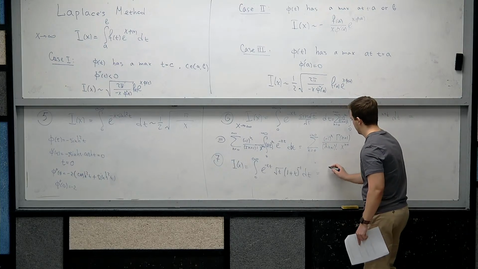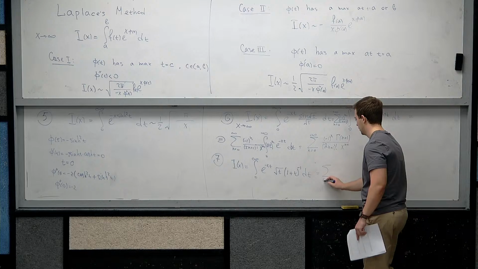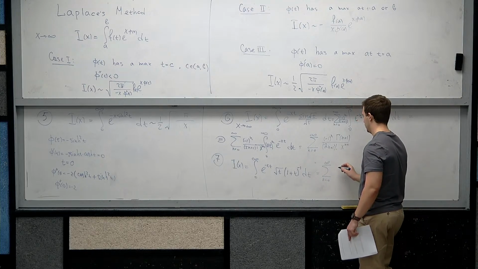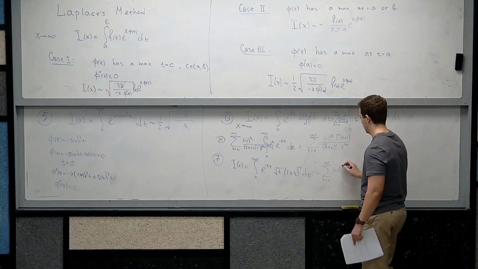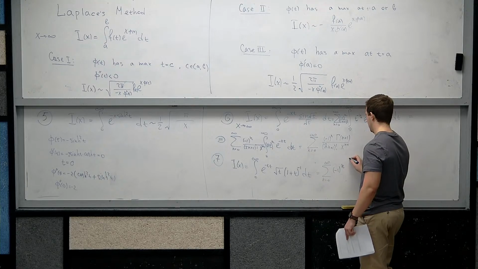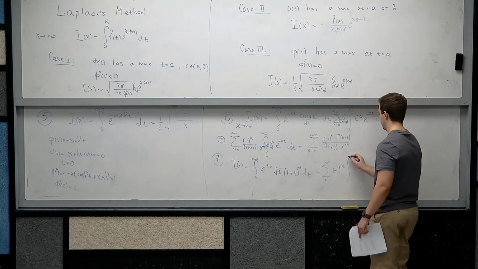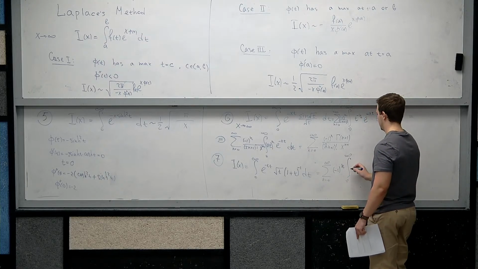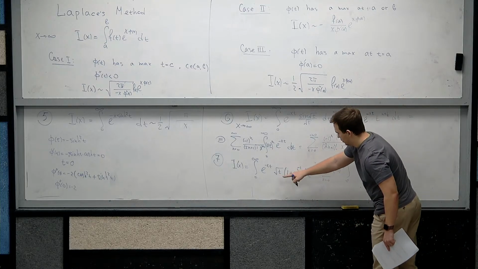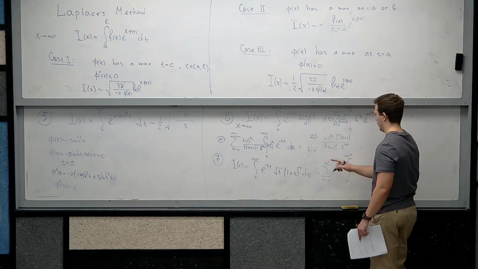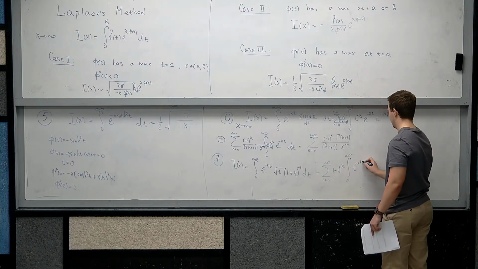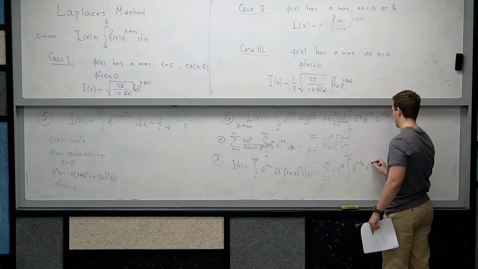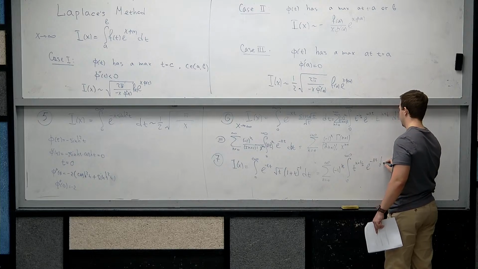So you can write it as a sum from 0 to infinity of (−1)^n times the integral from 0 to infinity. So here we have t to the 1/2, and here will be t to the n. So this is t to the n+1/2, e to the −xt dt.